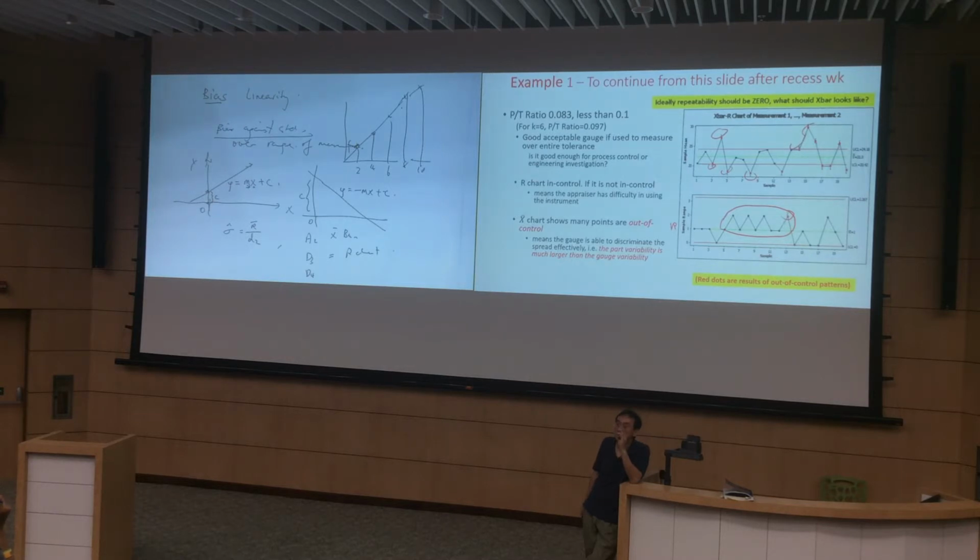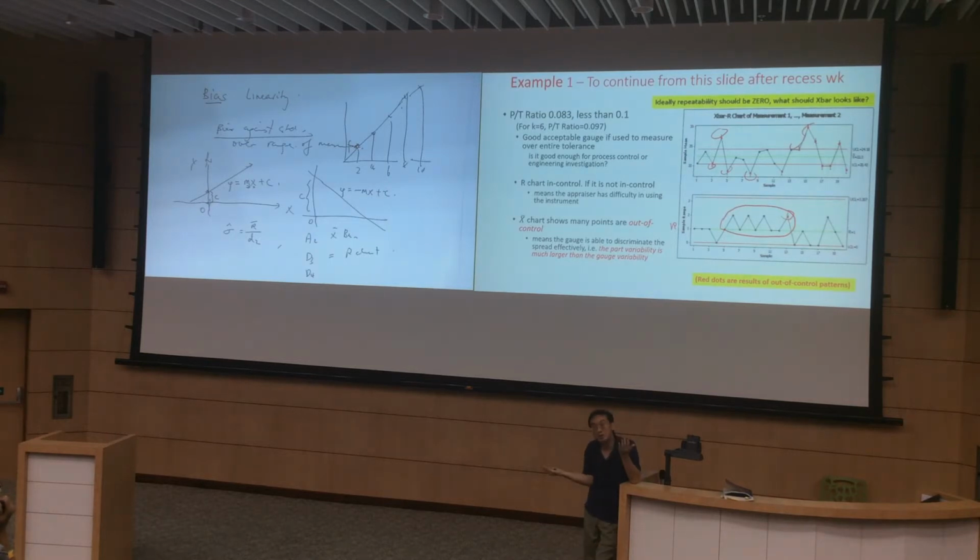So if it is near zero, your reading should always be consistently around the midpoint, never bumping up and down. And when it's near zero, what are the upper control limit and lower control limit? Very tight, right? R is small, so it should be very tight, right?